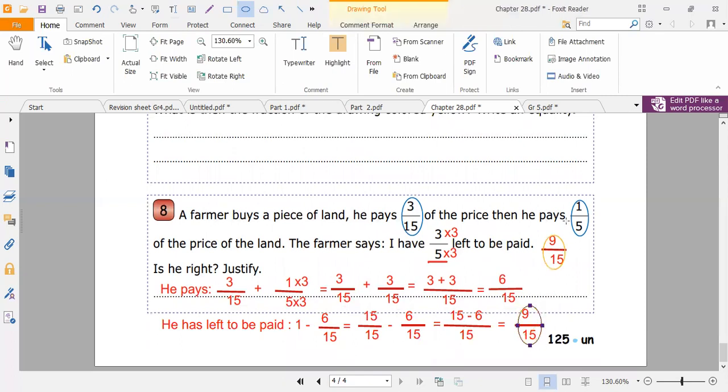So they are the same, they are equal. So yes, he is right.